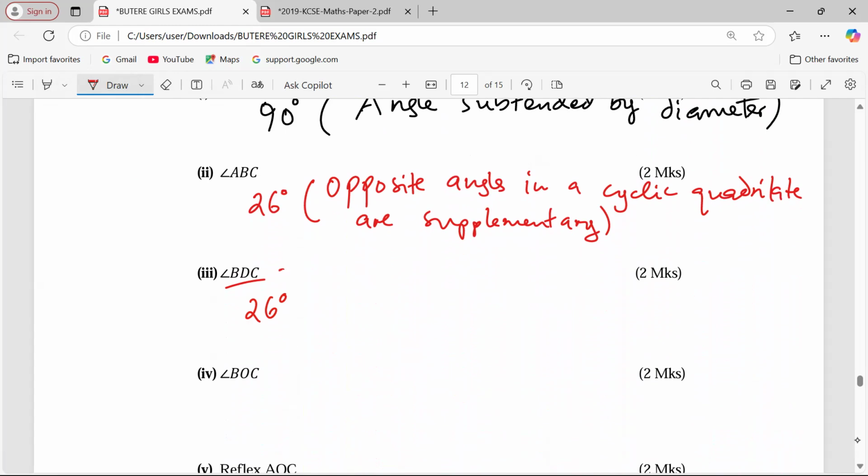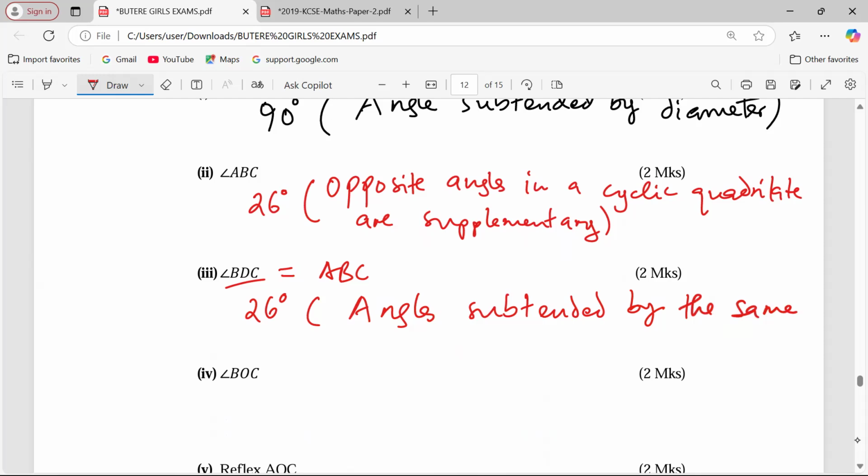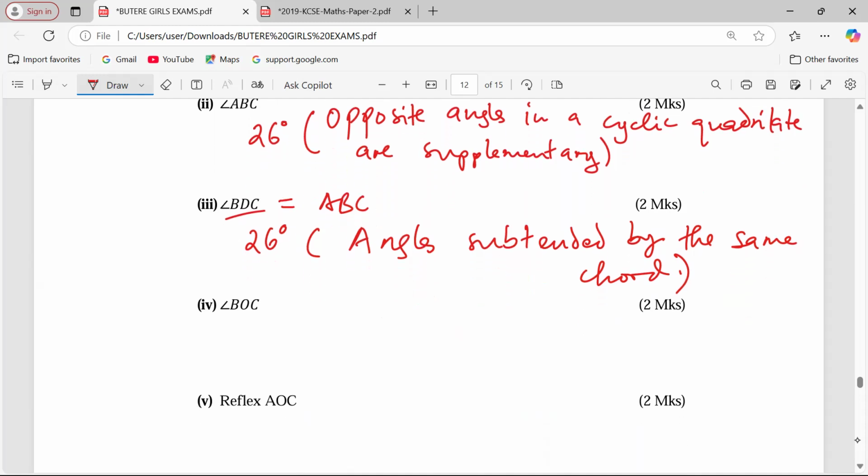So the angle is supposed to be equal to ABC. Reason being, angles subtended by the same chord are supposed to be equal.